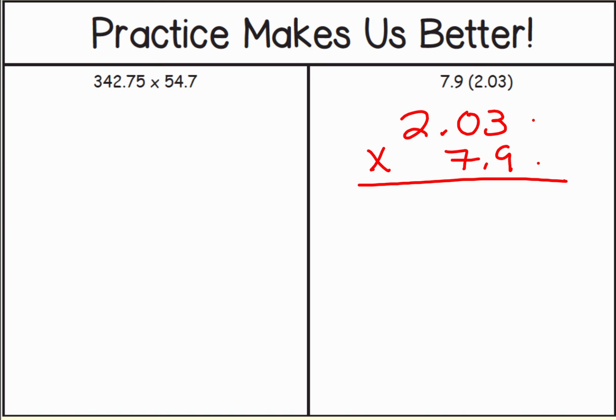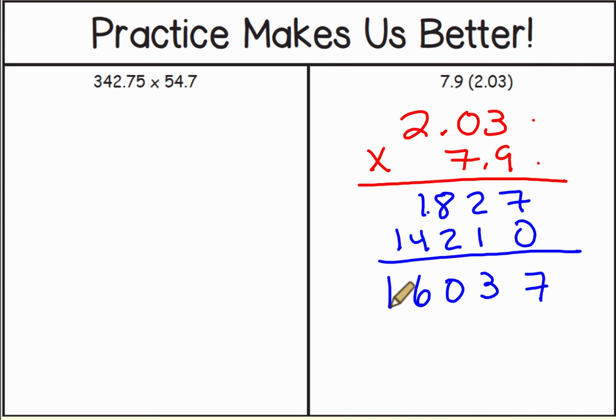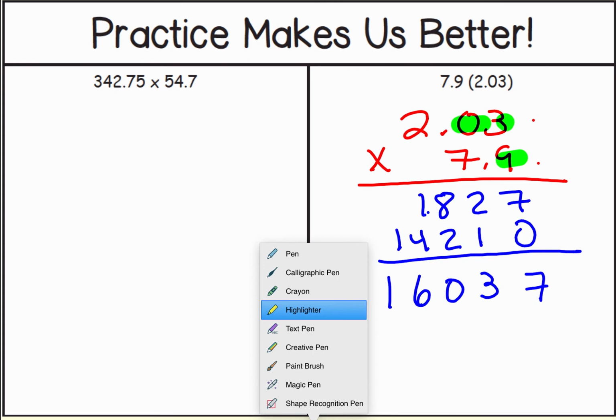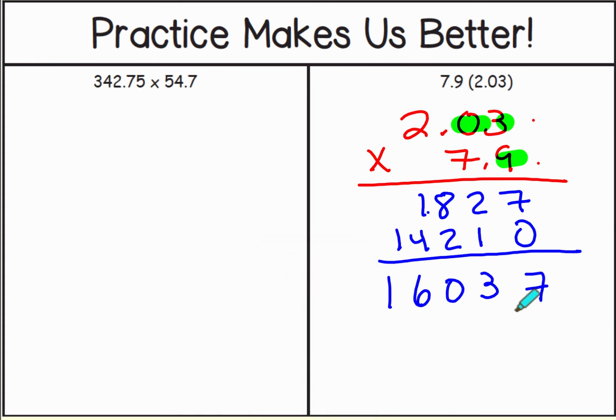And it's okay to do that. So then multiply. And then we count our digits to the right. 1, 2, 3. And then we move. 1, 2, 3.